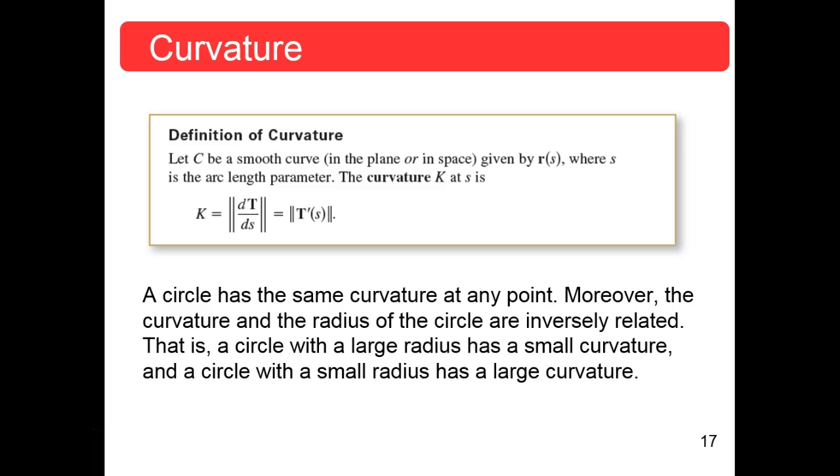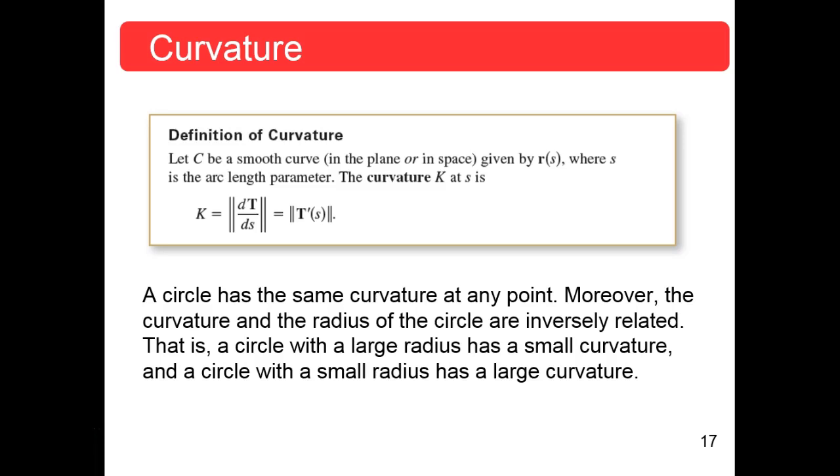Now, let's just get this done. A perfect circle has the same curvature at any point. Because if it's a circle, then it's not tightening down, or widening out. To be a circle, same curvature everywhere. Moreover, the curvature and the radius of the circle are inversely related to each other.